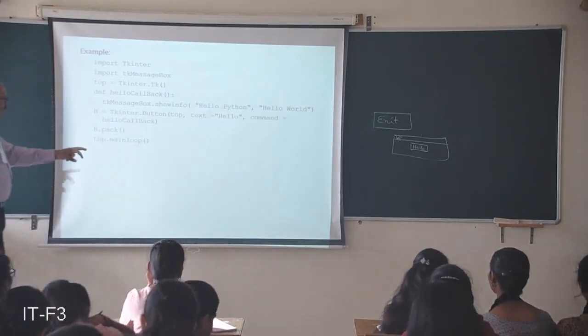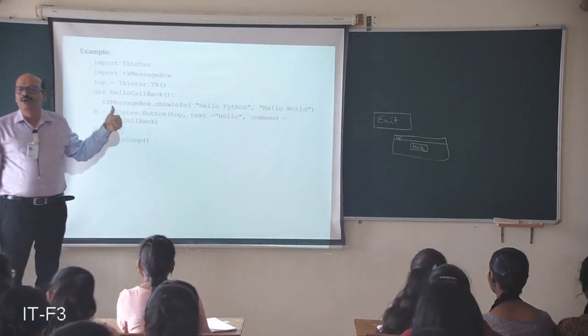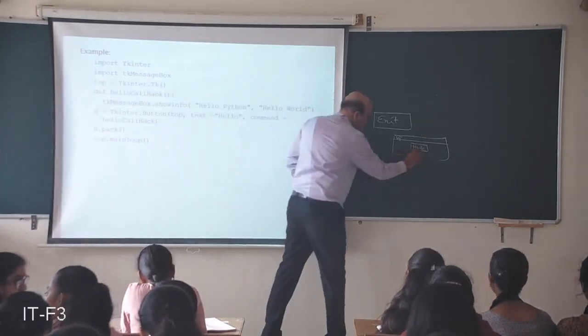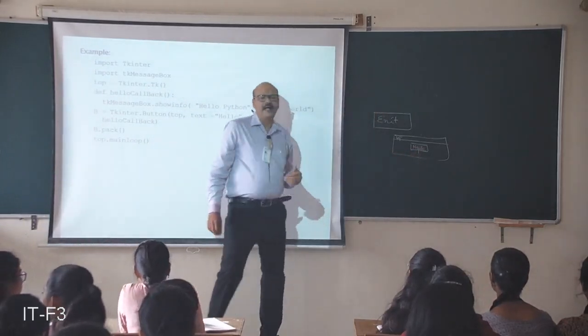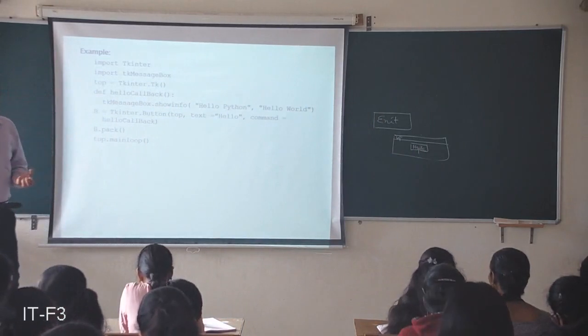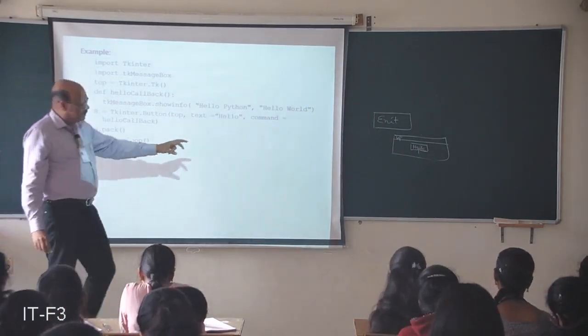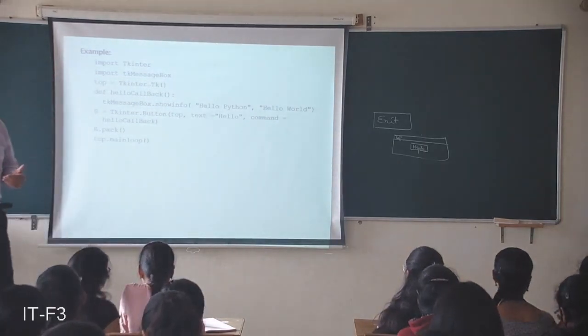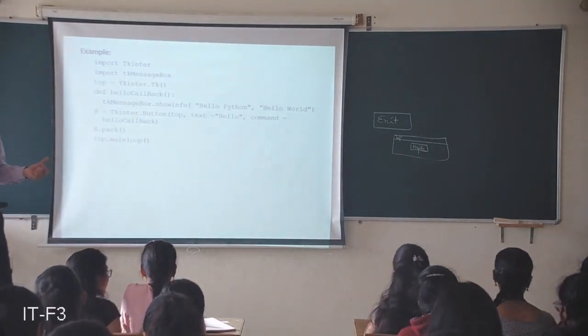For example, if the user brings the mouse cursor onto this button and clicks it, what happens? In response to that event, the code associated with this command, the third parameter, will be executed.